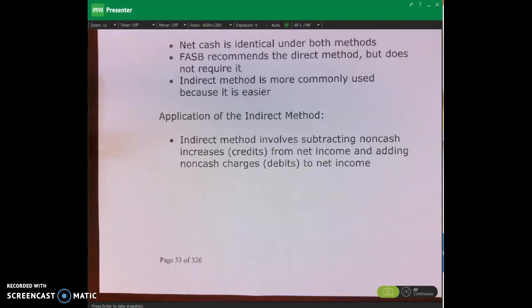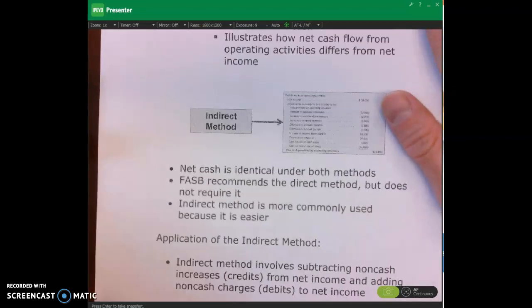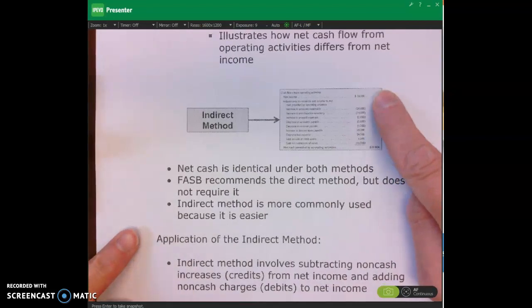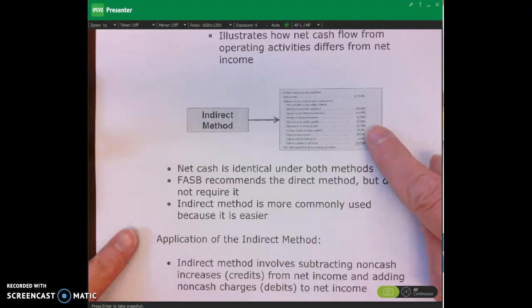Okay, so with the indirect method, as we can see right over here, we take our net income and we look at adjustments to changes in the account balances of non-cash current assets, changes in the account balances of current liabilities, and then we add back depreciation and other non-cash expenses such as depreciation.